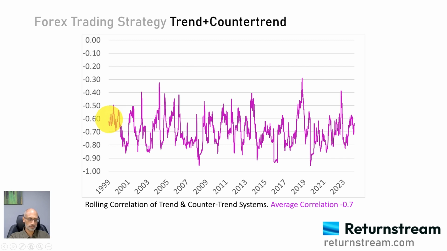So first of all, here's the rolling correlation graph of the trend and the counter trend breakout systems. It's got an average correlation of negative 0.7, and it oscillates around that number. The highest rolling correlation was negative 0.3, and the lowest one was negative 0.95 or so.